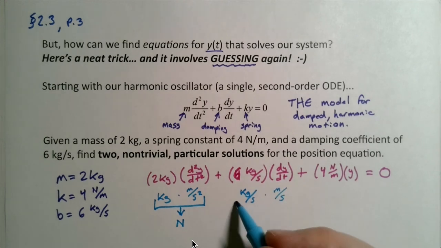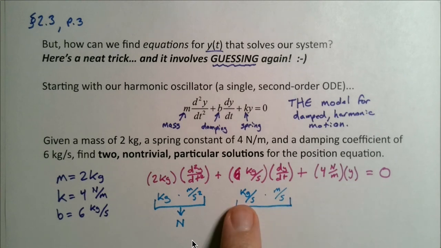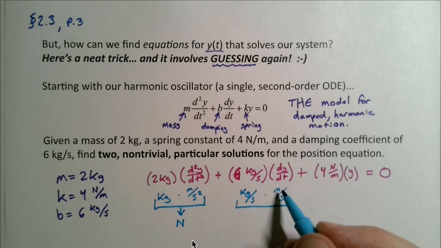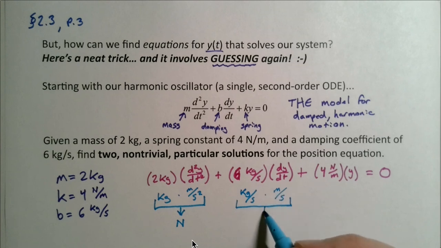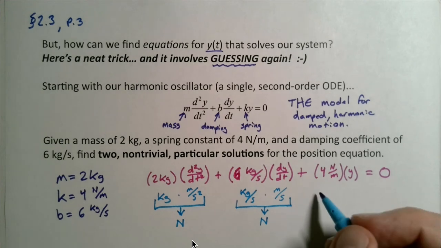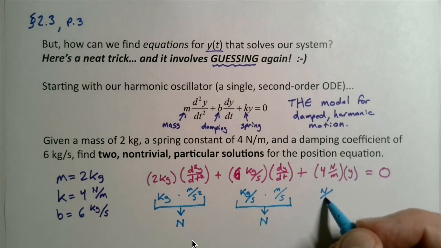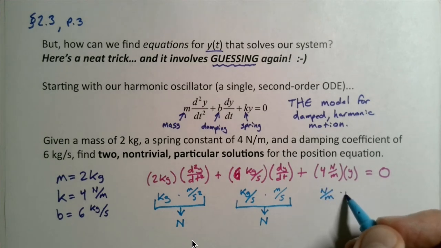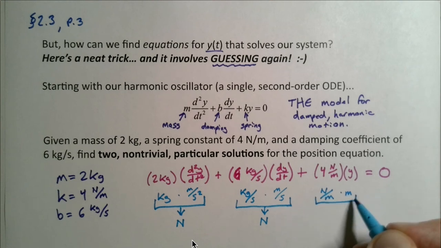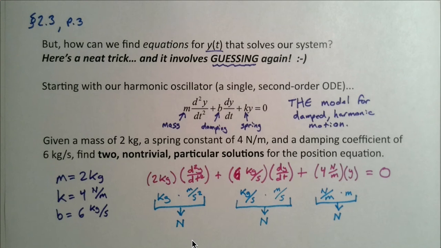And so you can notice that kilograms over seconds times meters over seconds gives me kilogram meters per second squared. And that, sure enough, is also in units of newtons. And then this one is newtons per meter times meters, which is just units of newtons. And so they all have the same units.